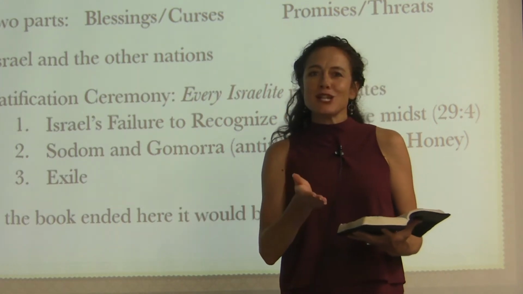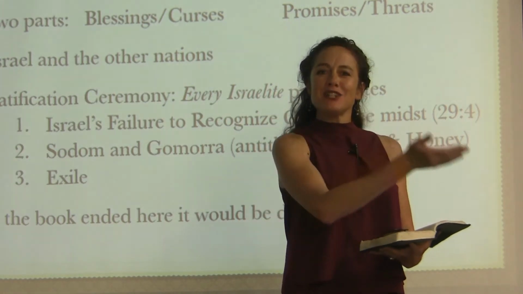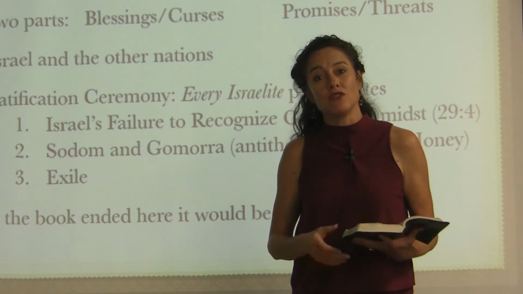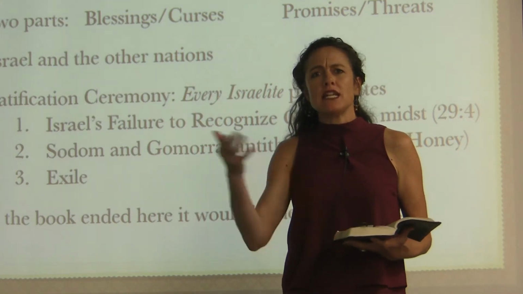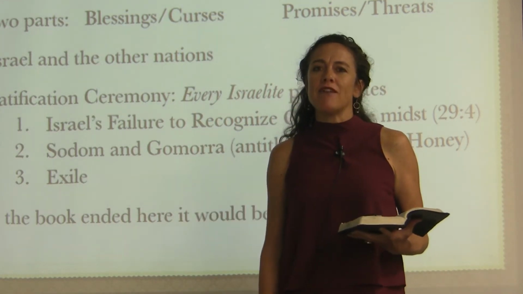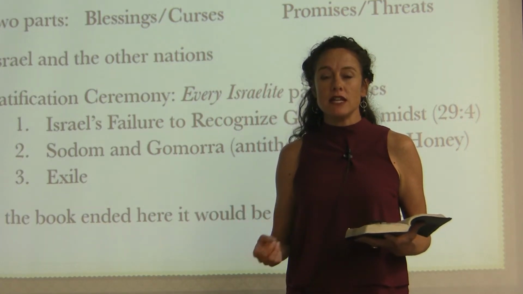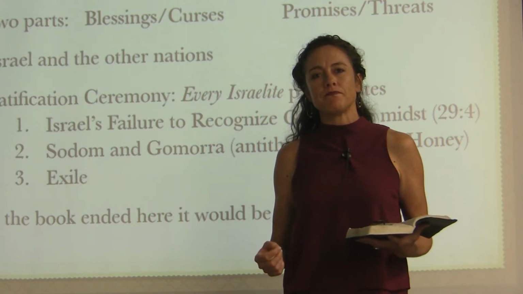It's a nice little head nod back to Genesis chapter 14, so back to the very beginning of the Pentateuch. So Genesis 14 and other chapters afterwards bring about Sodom and Gomorrah and the activities of the people in Sodom and Gomorrah.